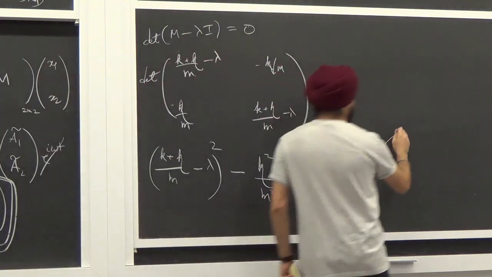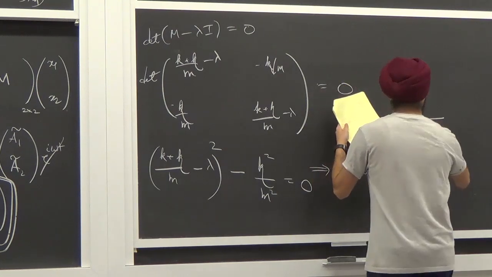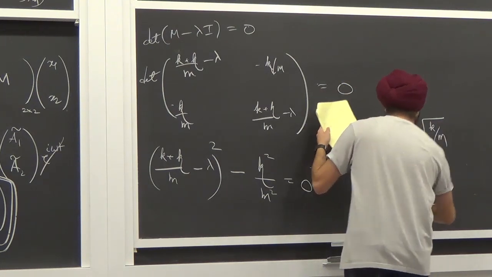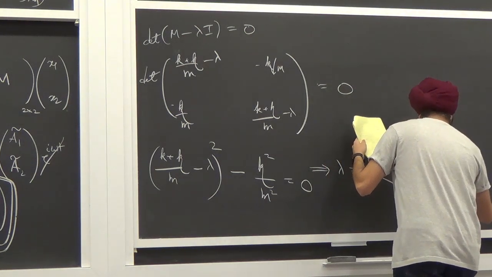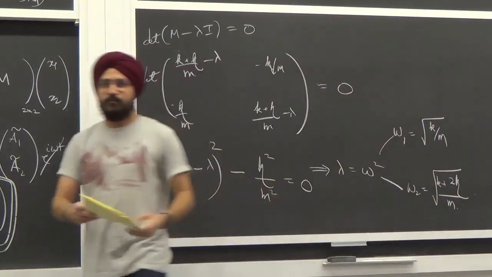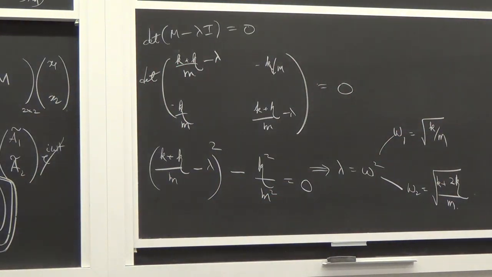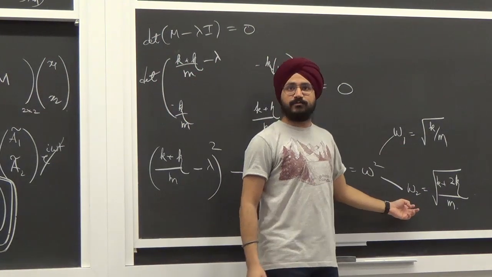So omega 1 is square root of K over M, and omega 2 is square root of K plus 2 kappa over M. So I found two frequencies such that if I move my particles in a certain way, my ansatz, they have the same frequency, either omega 1 or omega 2.